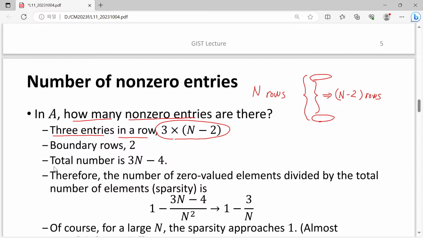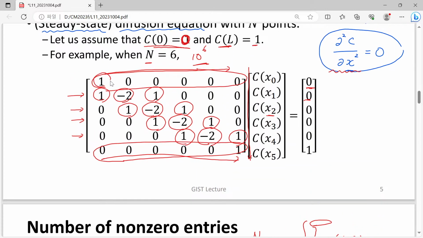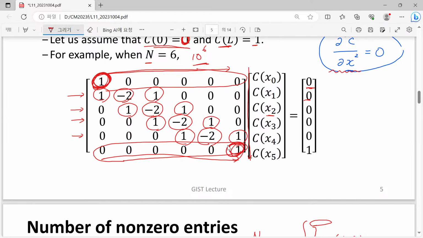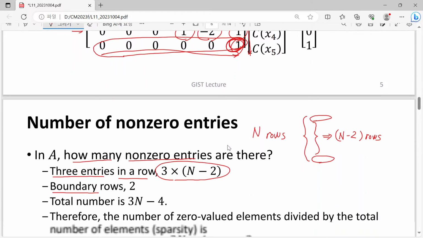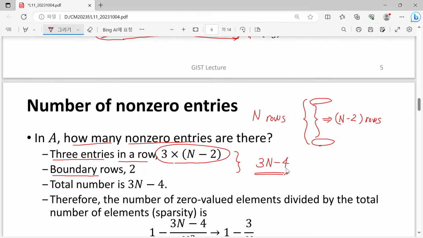Finally, you have two boundary rows, and for those you have just 1 and 2 non-zero entries. When you sum them, you will find the sum becomes 3n minus 4.